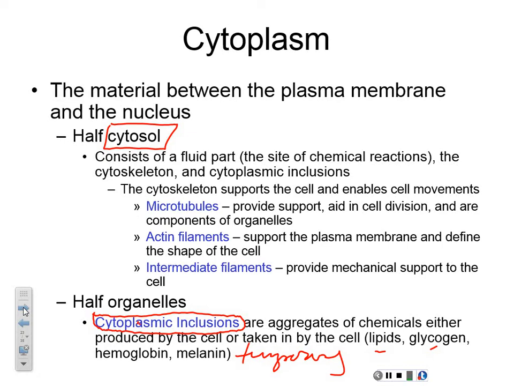All right, so half cytosol, which is fluid with all these cytoskeleton and all these fibrous proteins that help to suspend the organelles inside of the cell and also move the vesicles around the cell.